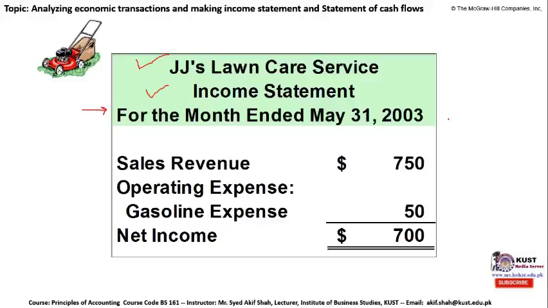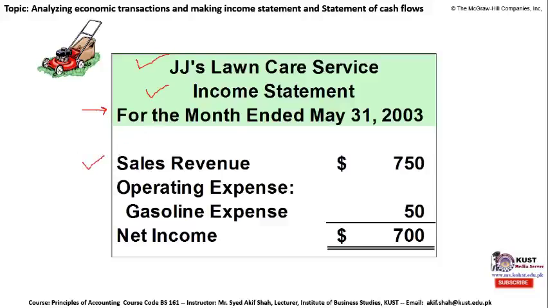An income statement tells you whether the company is in profit or in loss for a specific time period. So it basically has two titles. One is revenue and another one is expenses. We have to subtract the expenses from the revenue of the company for a particular period of time.